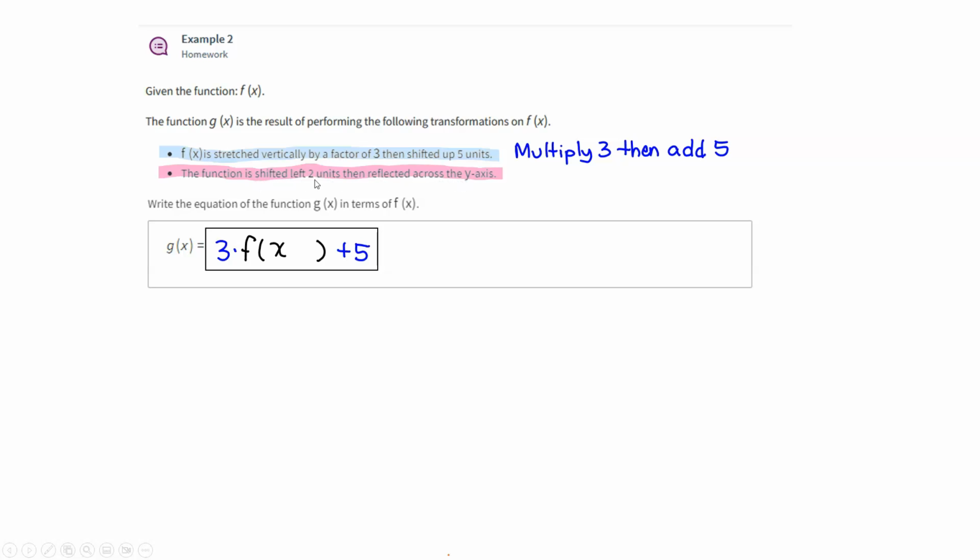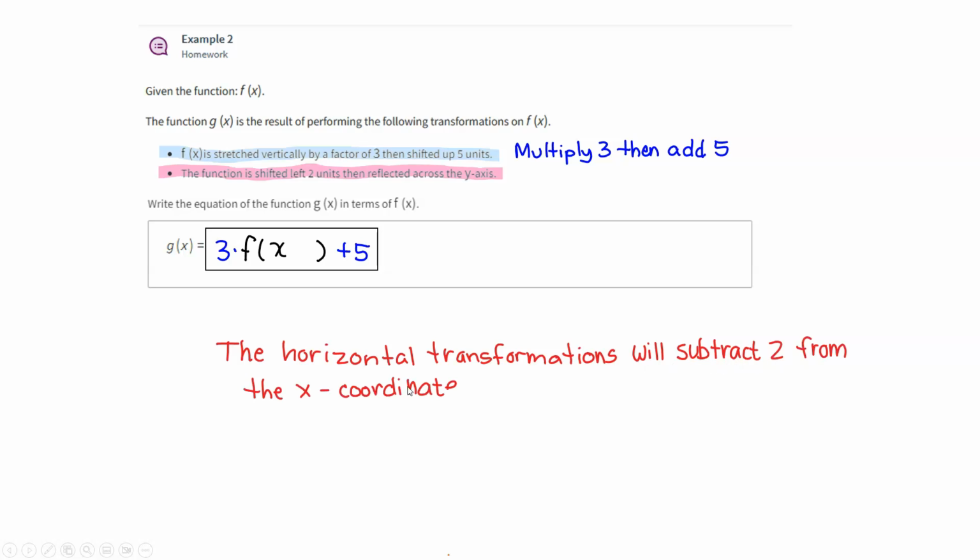Notice it's listing them in the opposite order than you would normally do them with the order of operations. So you're seeing here that the horizontal transformations are going to subtract 2 from the x-coordinates and then multiply by -1. Again, that goes against the order of operations.